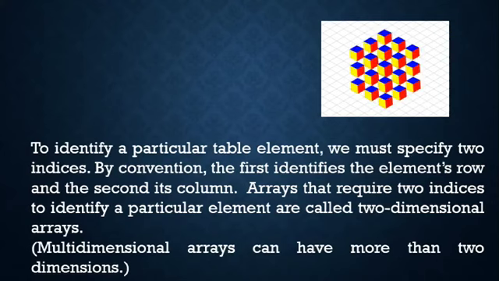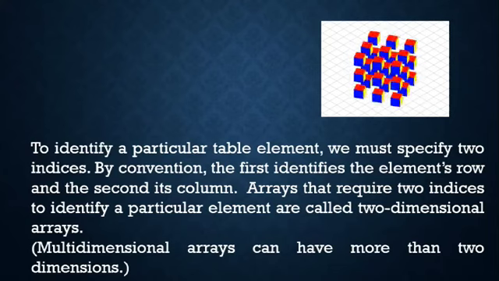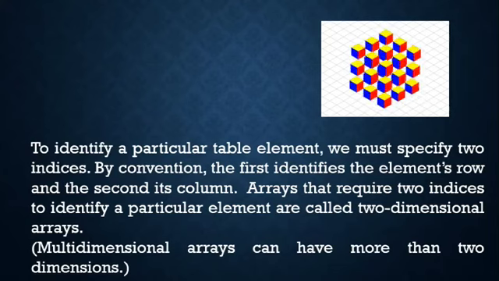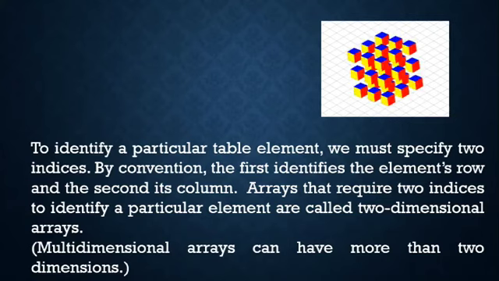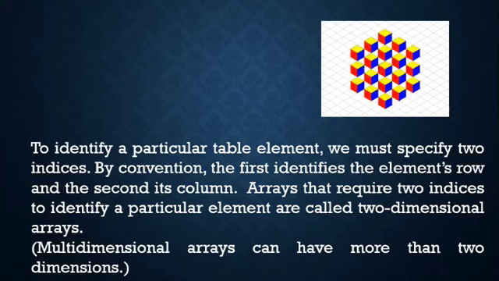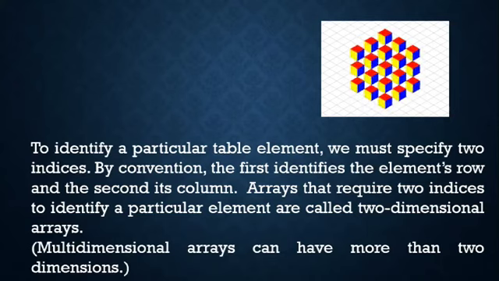So we now have an index for our row and an index for our column. By convention, the first identifies the element's row and the second is the column. Arrays that require two indices to identify a particular element are called two-dimensional arrays.